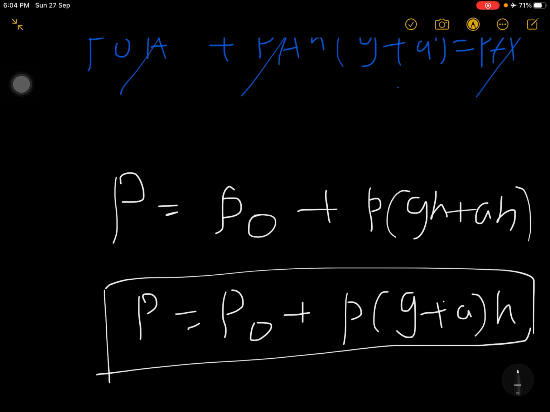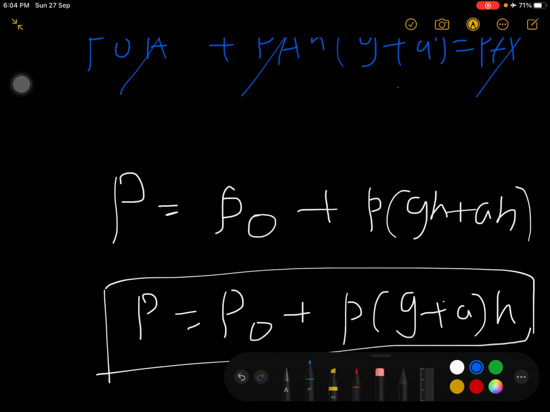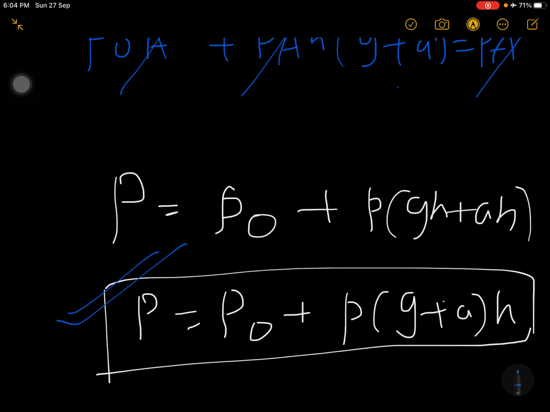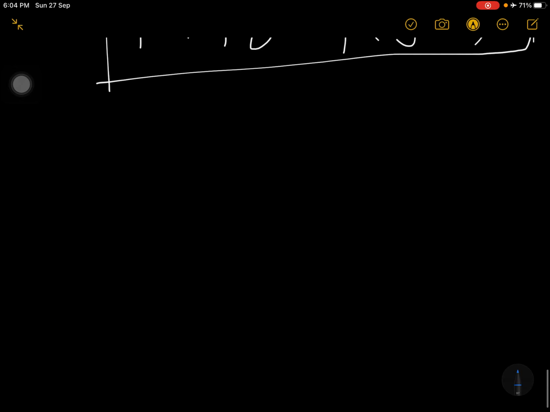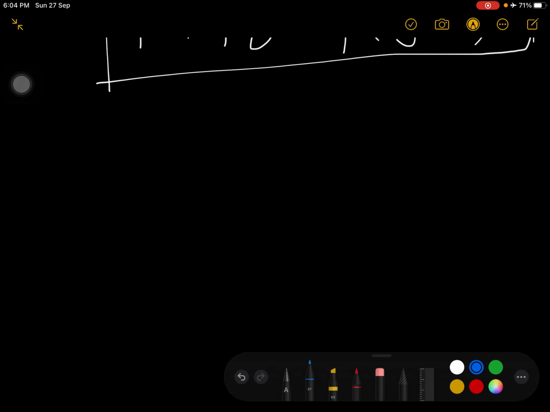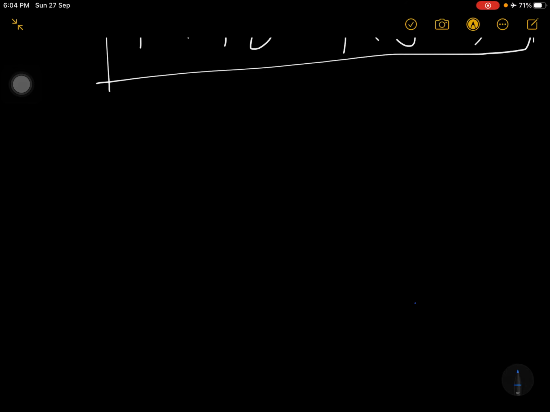This is the formula for the fluid accelerating upwards.